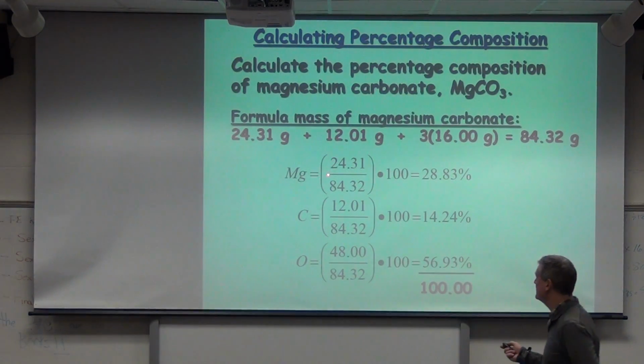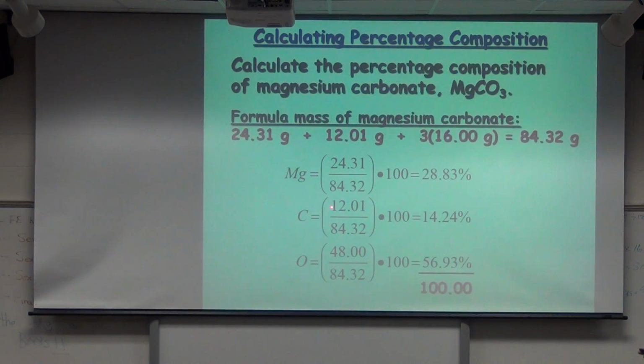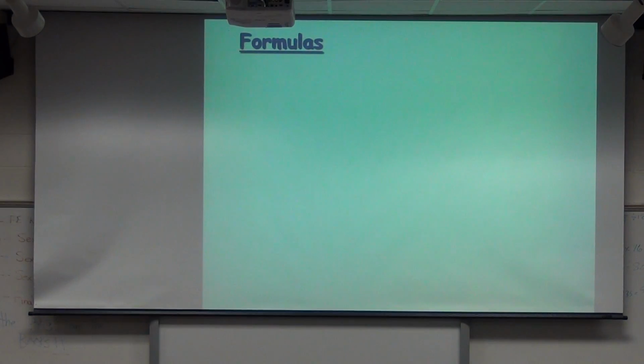If we were to round magnesium to 24.3, and carbon to 12, and oxygen, there's not much rounding to that, 15.999 already. But we might find that those percentages only add up to 99.8, or if we rounded the other way, it might be 100.2 or something like that. The more decimal places you go out, the more successful you're going to be. All right, so that's percent composition. That's a review. That's what we already know how to do.